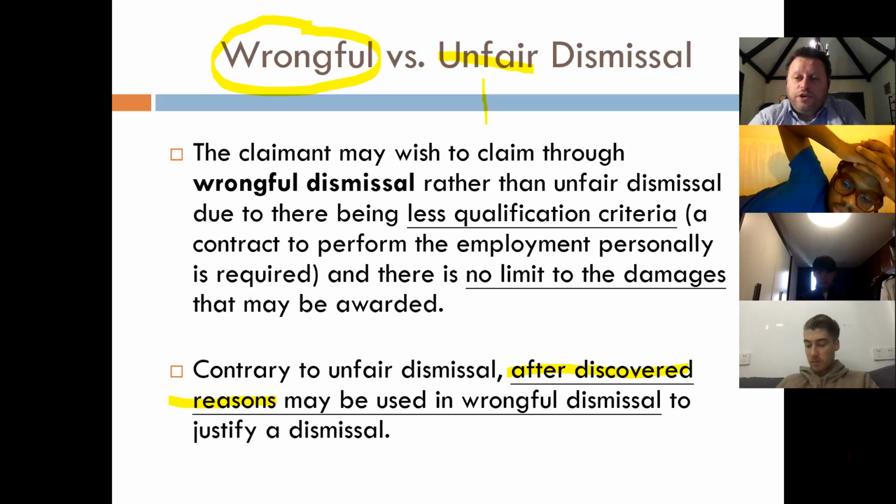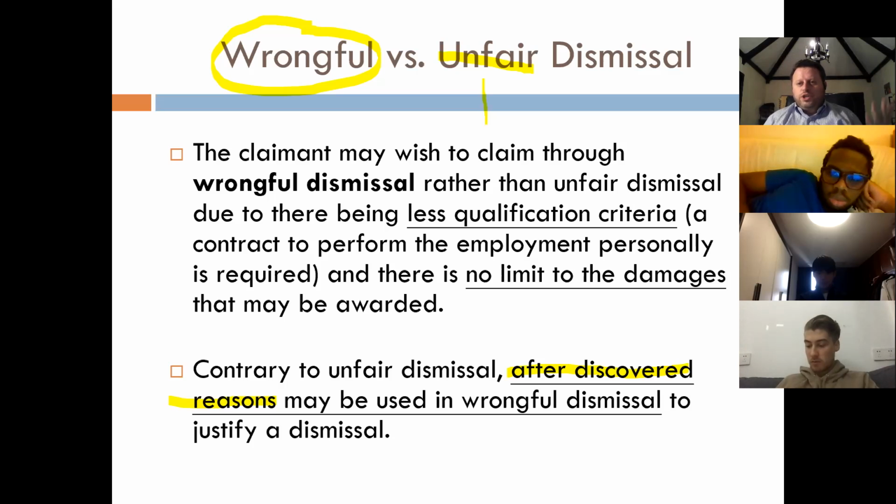And with unfair dismissal, I can't use after-discovered reasons. So I can't even look for some other reason now. You could just work for me for 2 days and then say David fired me, and it would be a great way to attack me. And so the law says you have to work for 1 year before you can use this because it's very powerful.